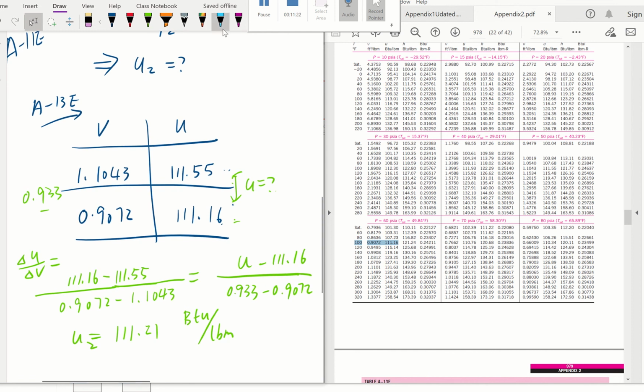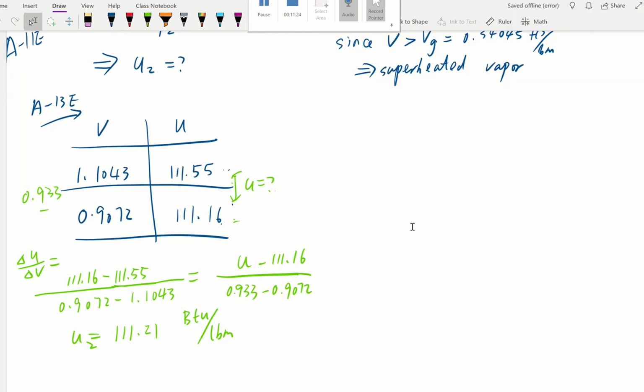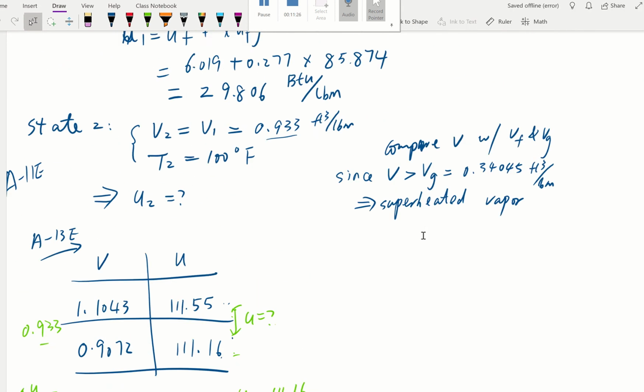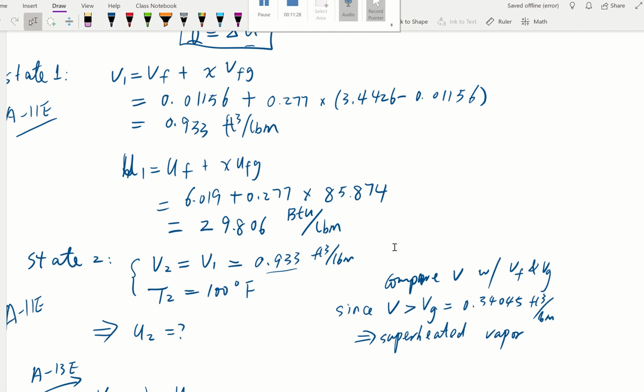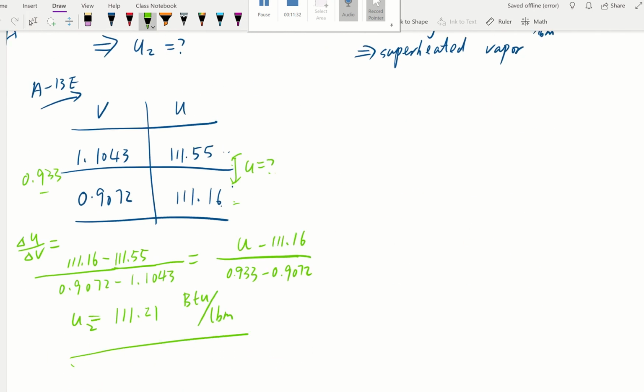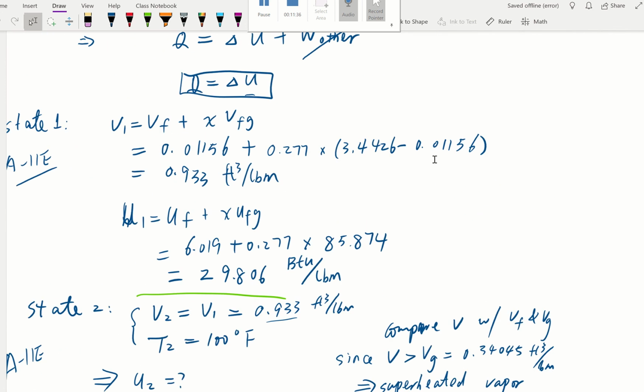So I'm going to go back to the real screen. Now let's look at what we have so far. We got our U1. We also calculated our U2. In order to figure out our U2, we first have to figure out V1.